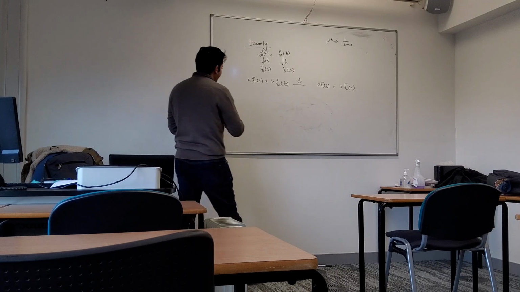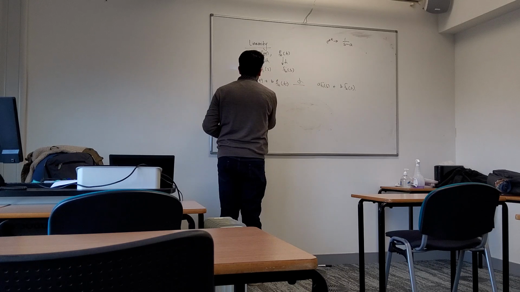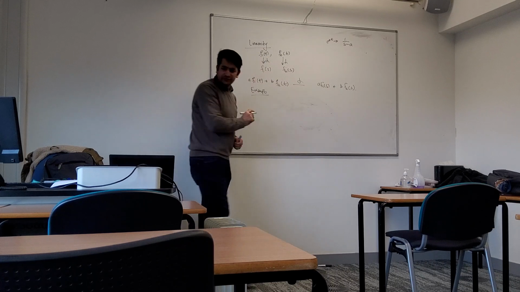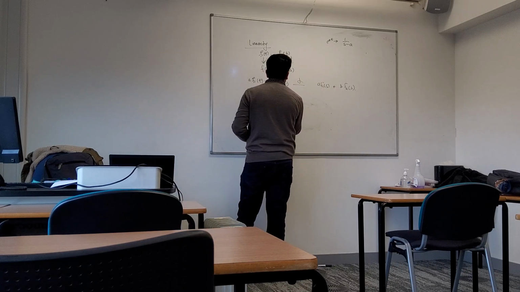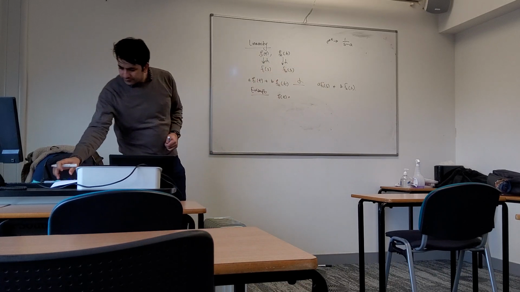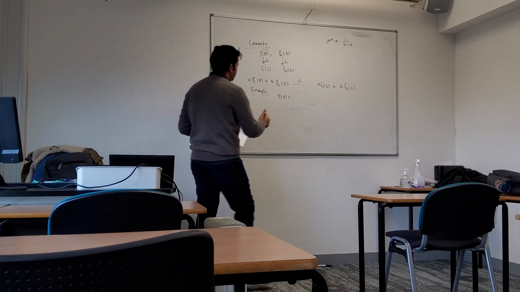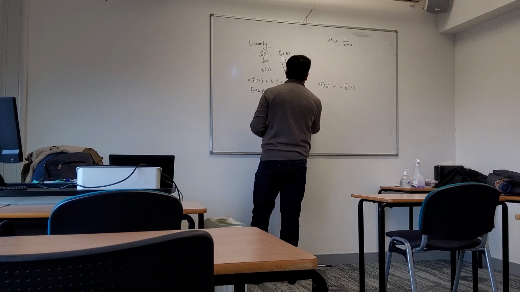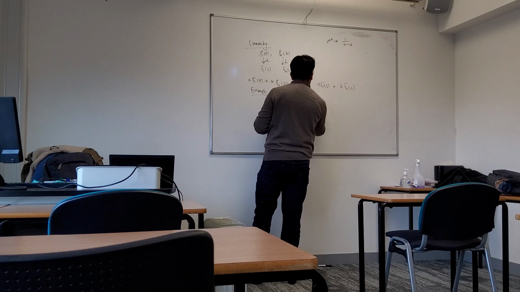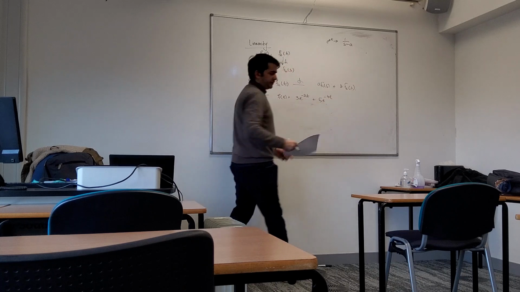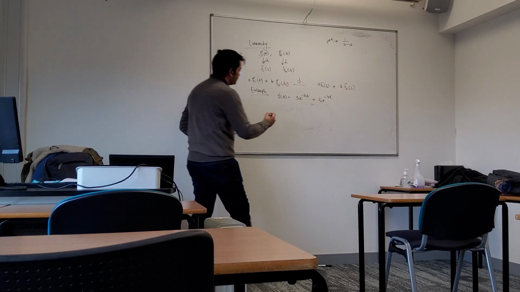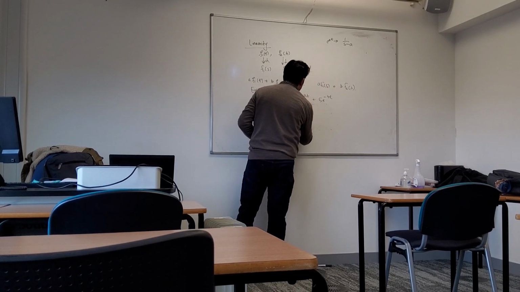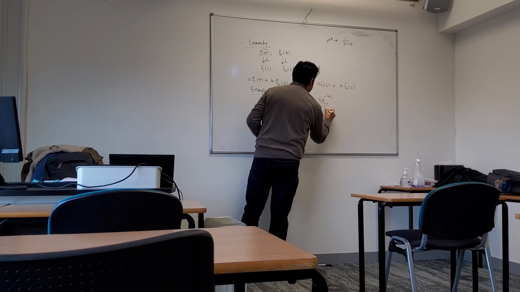Right. So if we take an example, here we have f of t equal to this, so here we have function f1 and function f2.